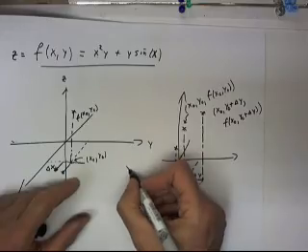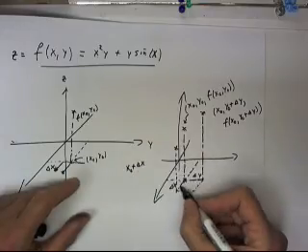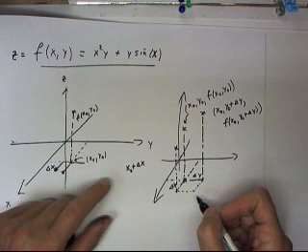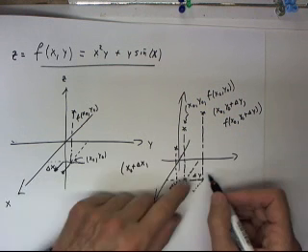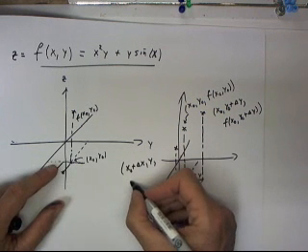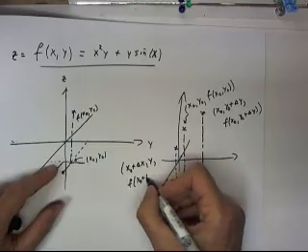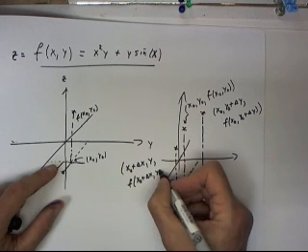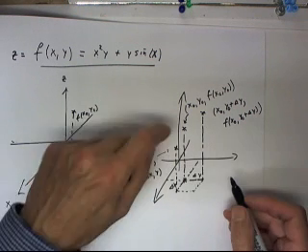But when we moved delta x from the x naught, y naught point, we ended up at x naught plus delta x. Our y-coordinate hasn't changed, so it's still y, and our function has value f of x naught plus delta x, y. Those are the coordinates of this point.